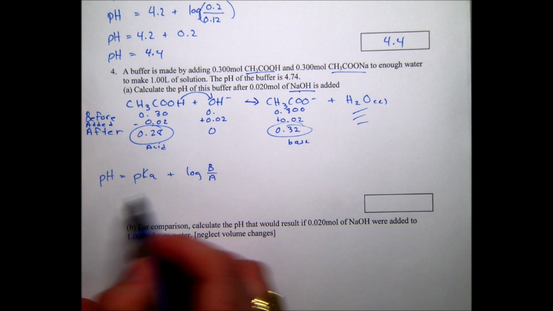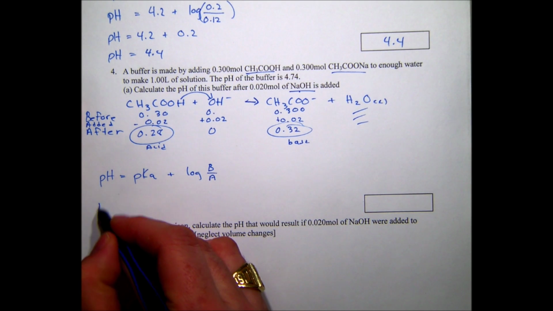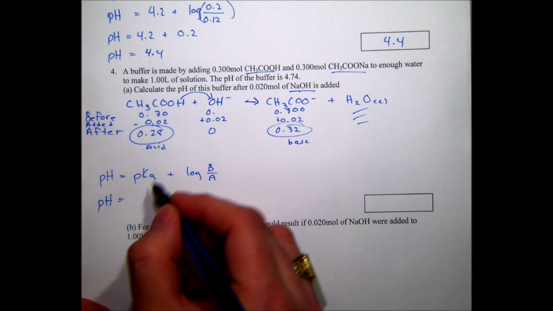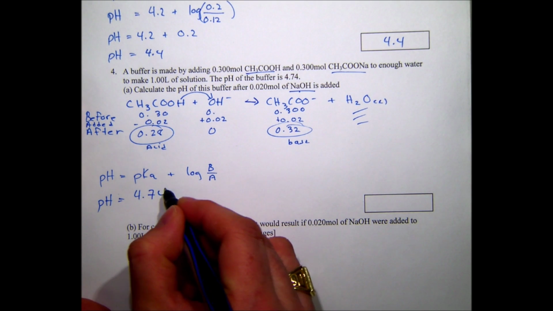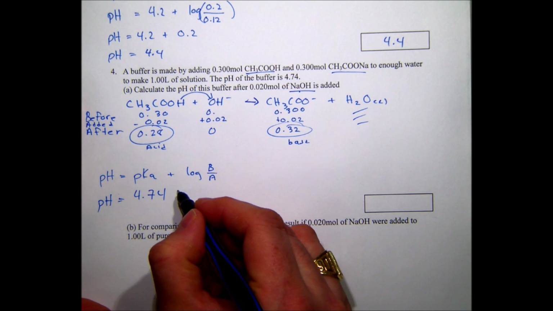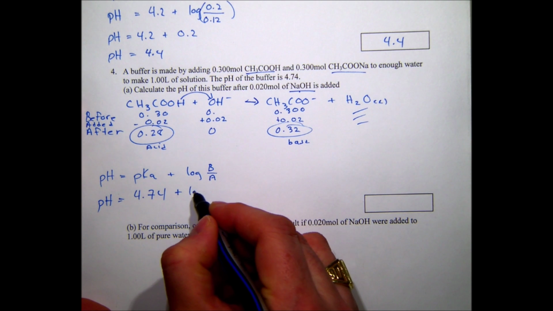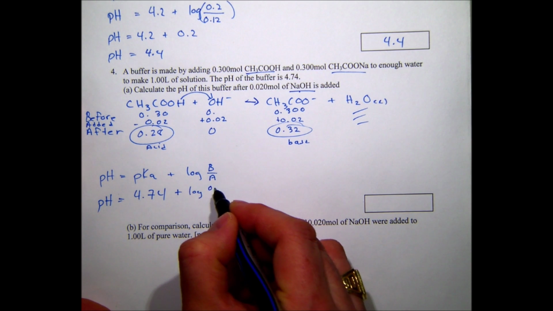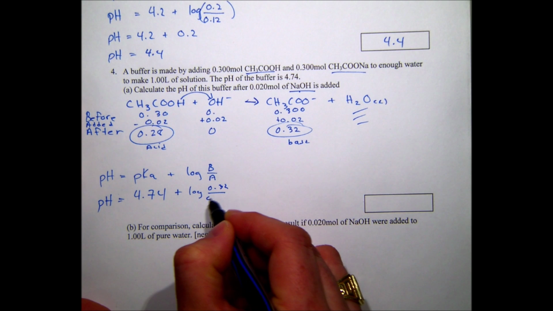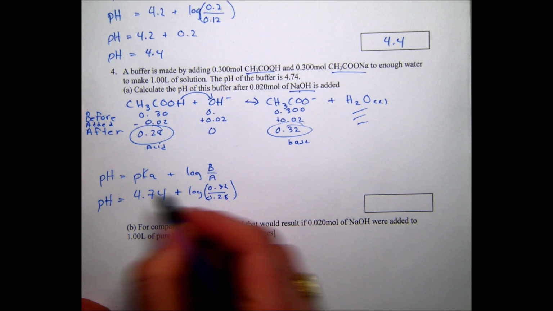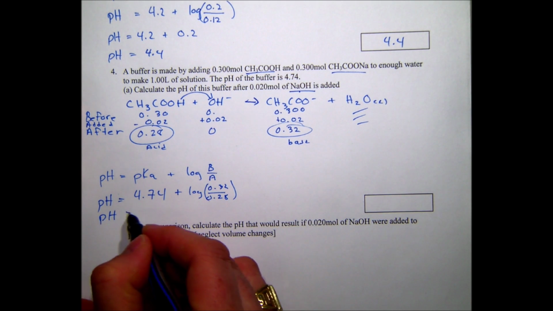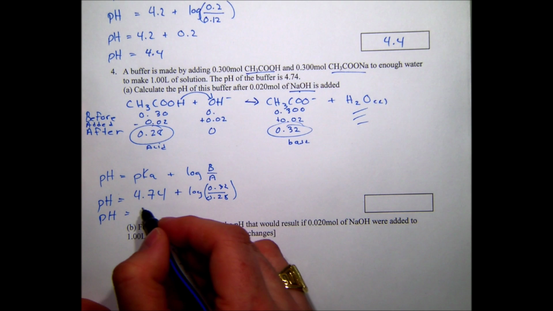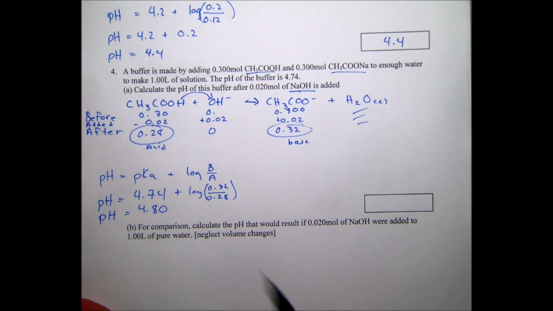The pKa of this system is 4.74, plus the log of 0.32 over 0.28. The pH is now 4.80.